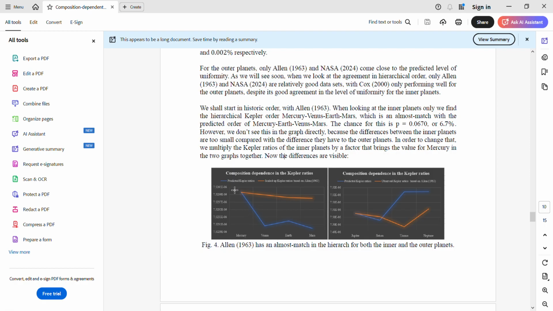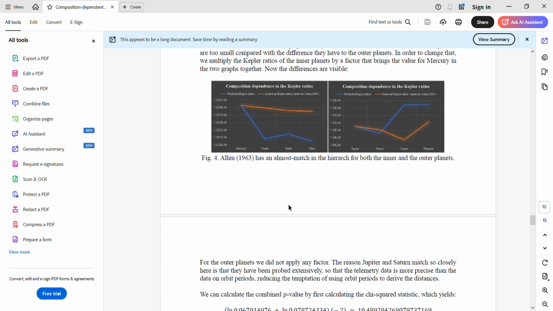And so what I did is I scaled up the Kepler ratios of Allen 1963 so that they match up for Mercury. So then it's like zooming in.